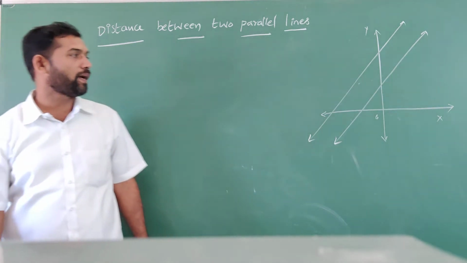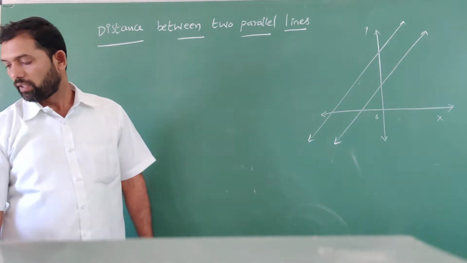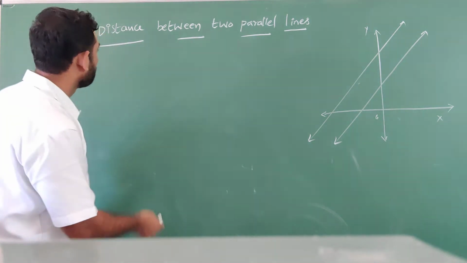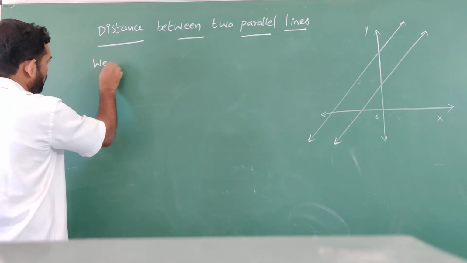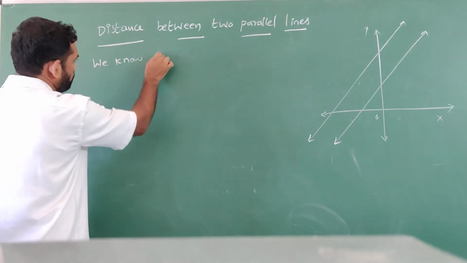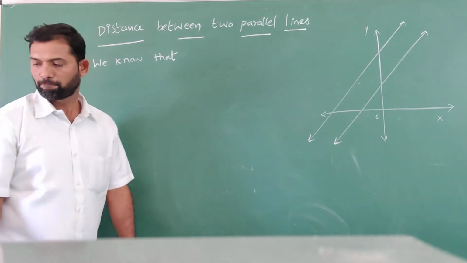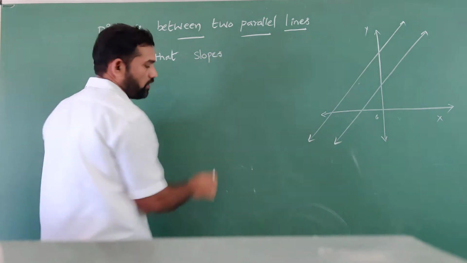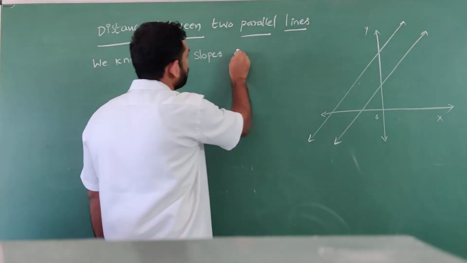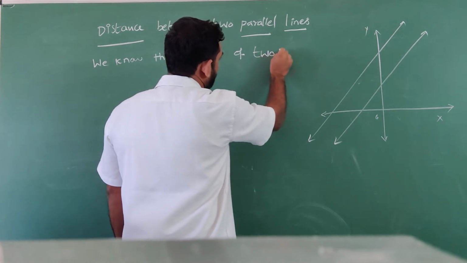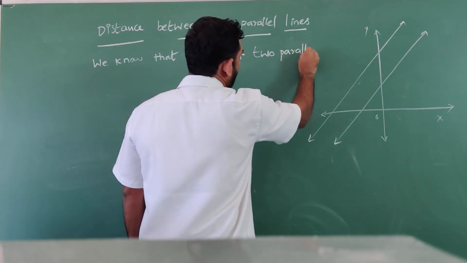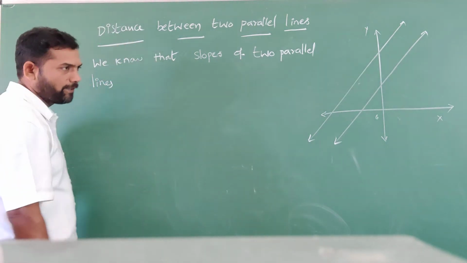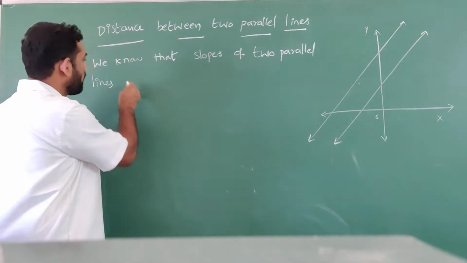Distance between two parallel lines. We know that slopes of two parallel lines are equal.